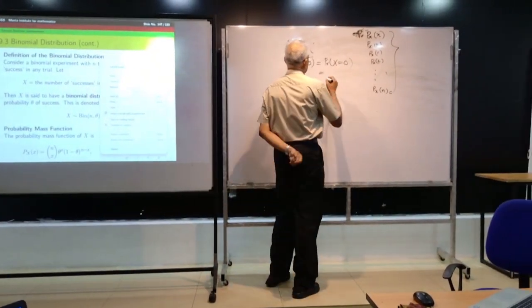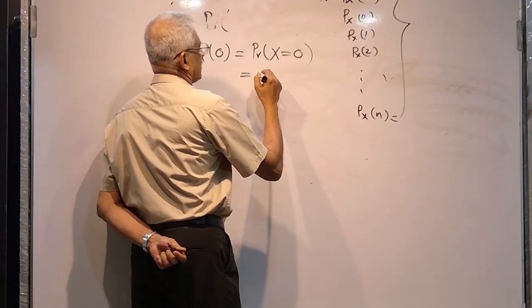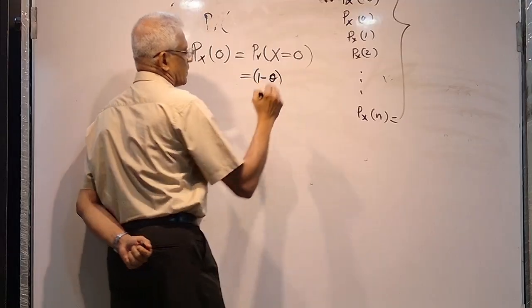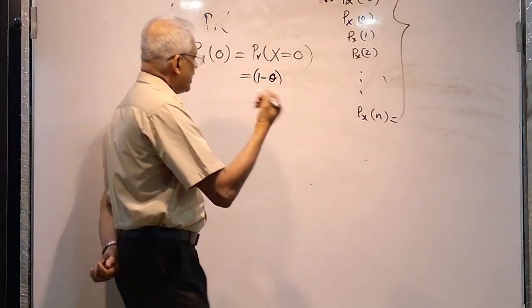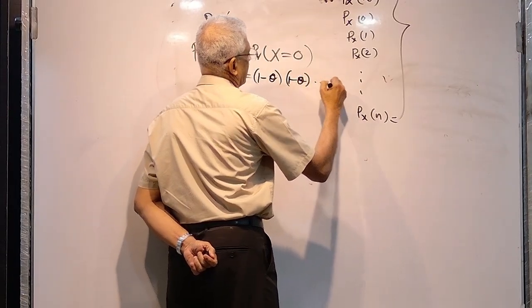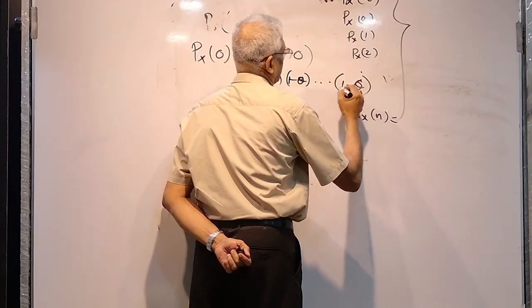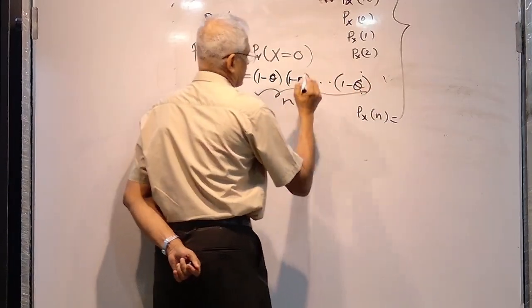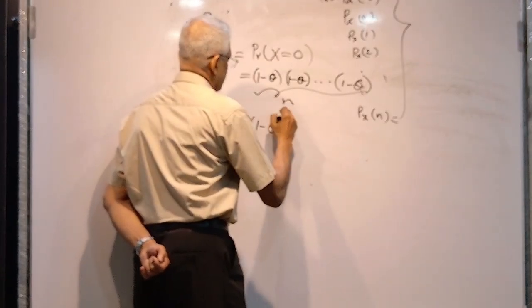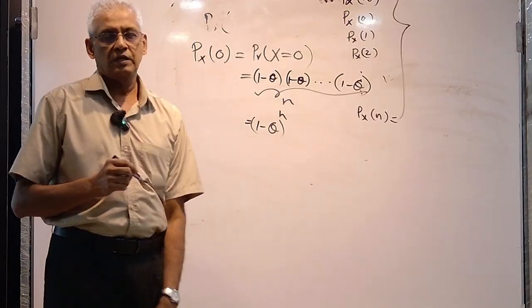So the probability that the first one is a failure is 1 minus theta, times again, second one is a failure 1 minus theta, like that. There will be n times of this. So that is therefore (1 minus theta) to the power n, right?